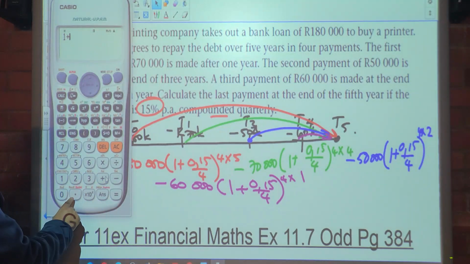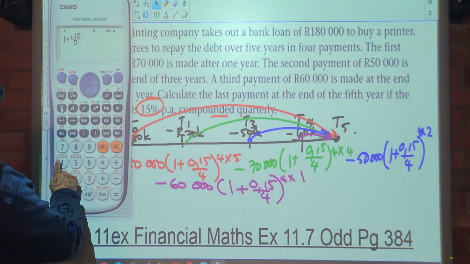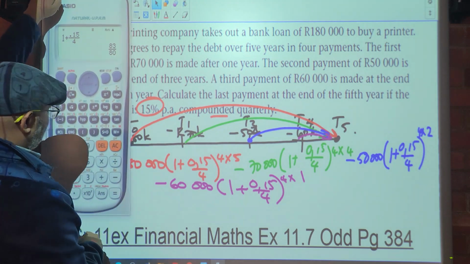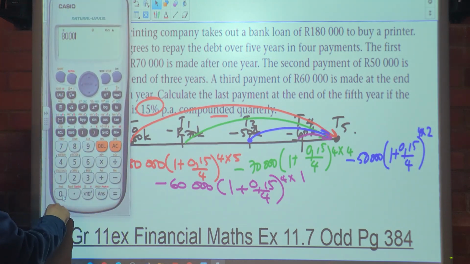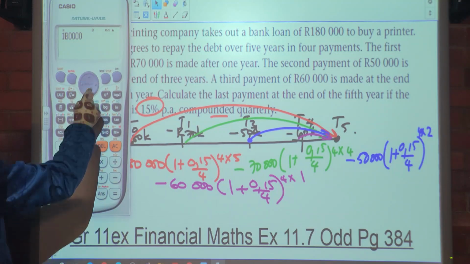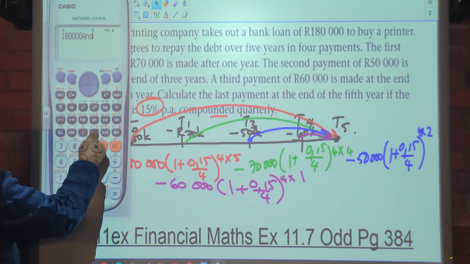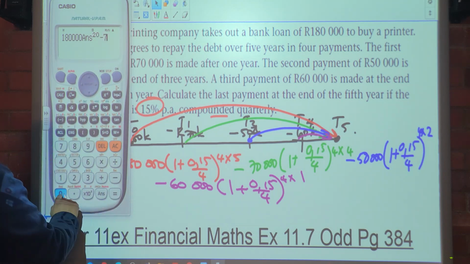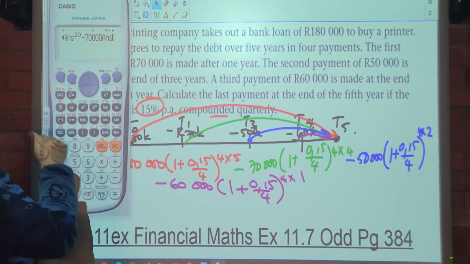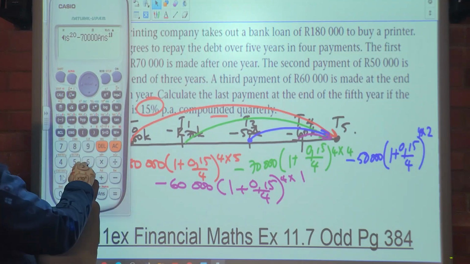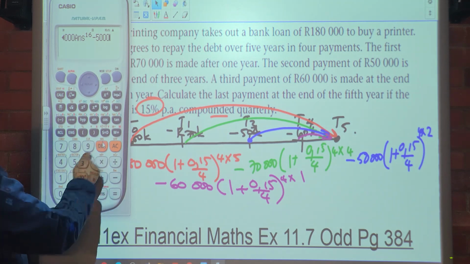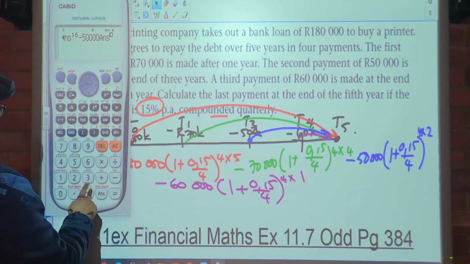So we go 1 plus 0.15 over 4. That's my answer now. So what do I have? 180,000 answer to the exponent 20, minus 70,000 answer exponent 16, minus 50,000 answer exponent 8.